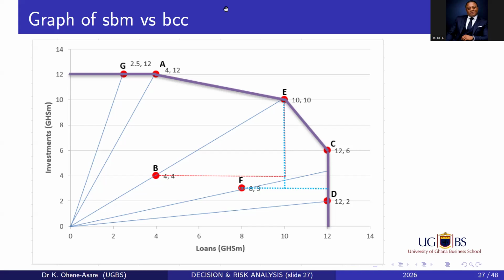The distance to the frontier is 10, and the distance to the firm is 4. It's 10 over 4, so it's actually 2.5. Is that a correct measure of efficiency?